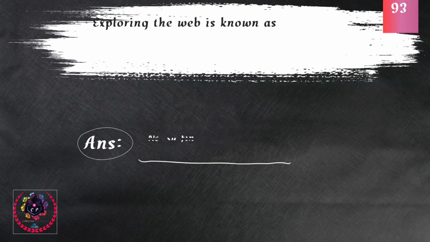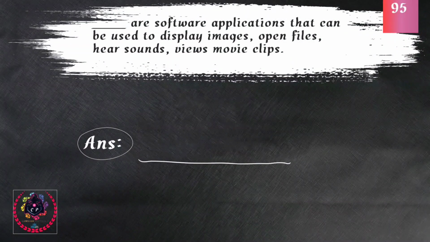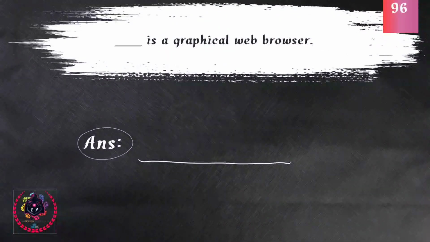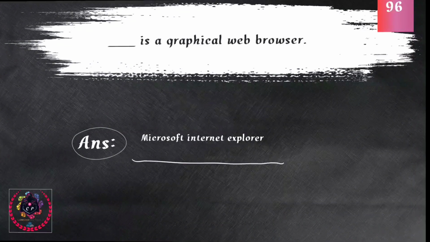Exploring the web is known as net surfing. To send a file to a server or another computer is called upload. Viewers are software applications that can be used to display images, open files, hear sounds, and view movie clips. Microsoft Internet Explorer is a graphical web browser.